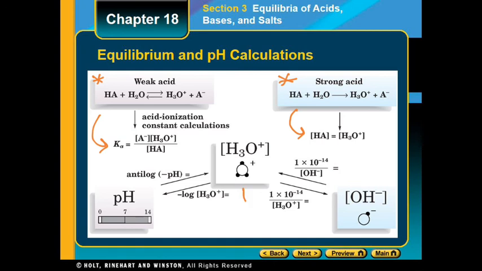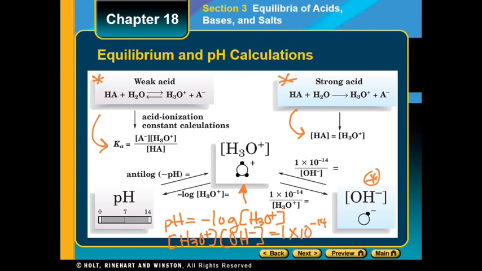As a reminder, if you're looking at the hydronium ion concentration, they're breaking it down for you, but these were the equations we had. pH is equal to the negative log of the hydronium ion concentration, and the hydronium ion concentration times the hydroxide ion concentration, because it's listed right over here, is equal to 1 times 10 to the negative 14th. And that was your ionization constant for water, how we came up with those values.